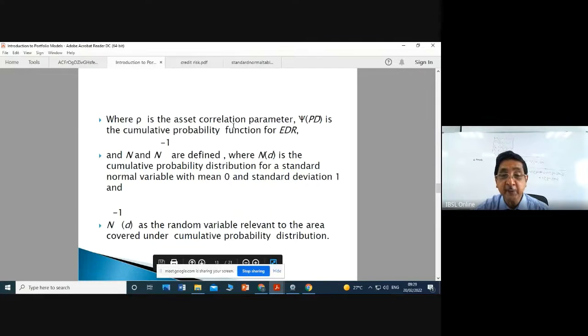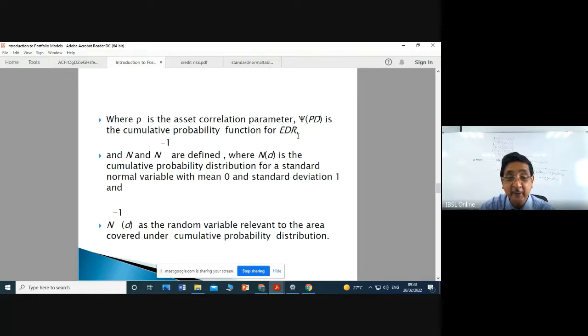Now rho is the asset correlation parameter. You need to think that we are not going to get correlations between each asset, but we have taken a common factor for rho. It's a parameter. Then psi PD is the cumulative probability function for the expected default rate.